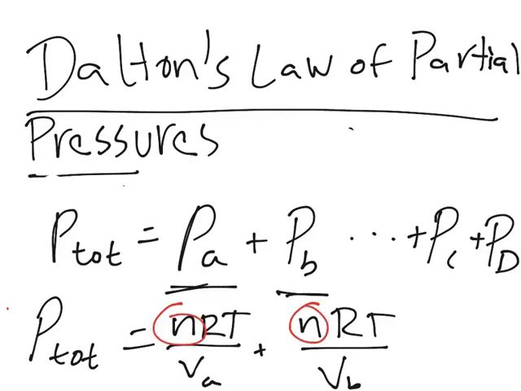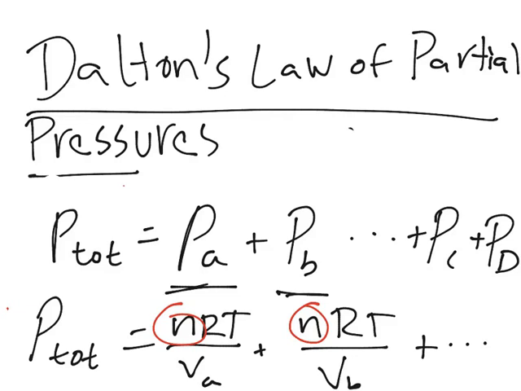The R is always a constant, so that doesn't matter. The temperature may be different, or the volume may be different, but it usually is only the number of moles that makes the difference. And if you have a third one, you just apply the same concept. It is really a basic concept.